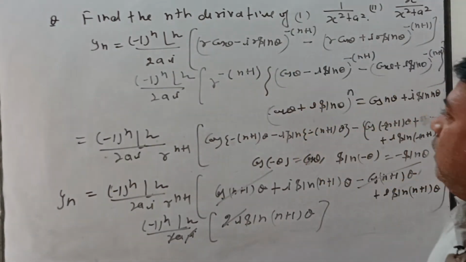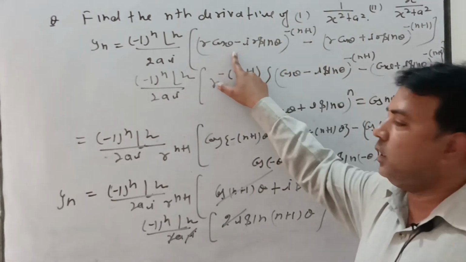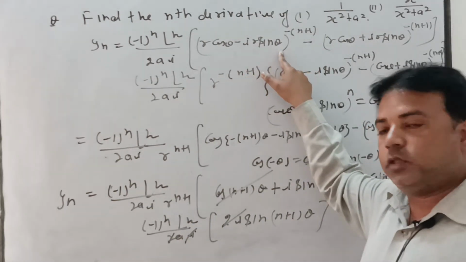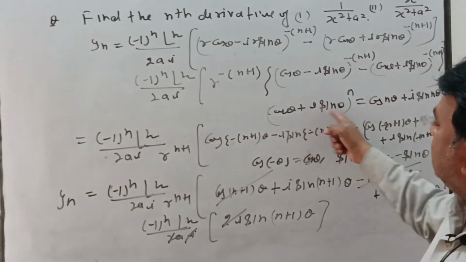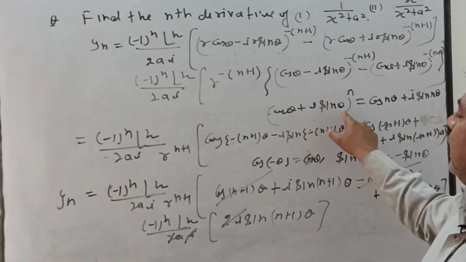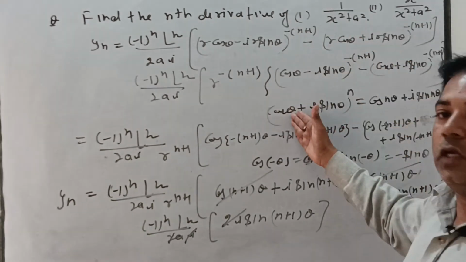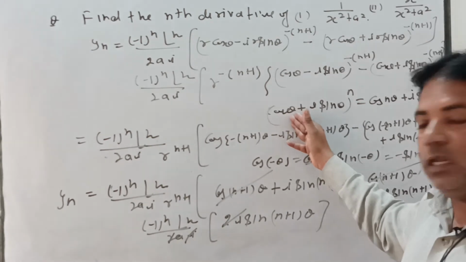Very simple question. We are putting x equal to r cos θ and y equal to r sin θ. After that, by De Moivre's theorem, (cos θ + i sin θ) to the power n is multiplied with the angle, in place of θ any value.